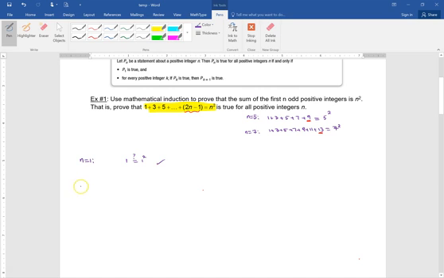Now, assume that it holds true for n equals k. All right? So you go, all right, let's just assume that you have k of these numbers. What would this say then? Well, you have 1 plus 3 plus 5 plus ... plus 2k minus 1 is k squared.